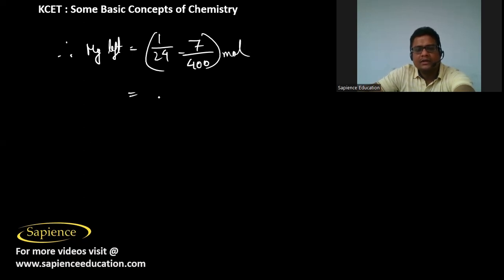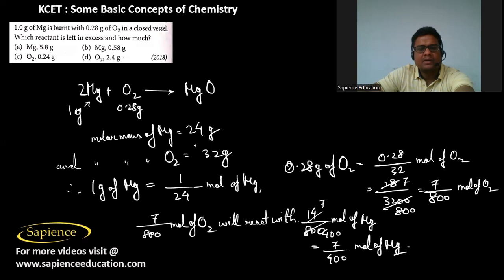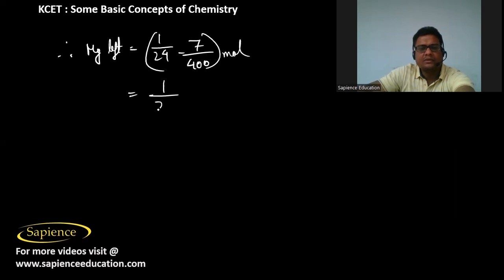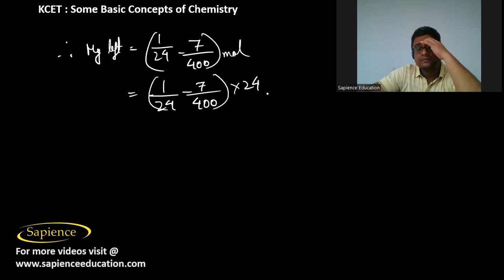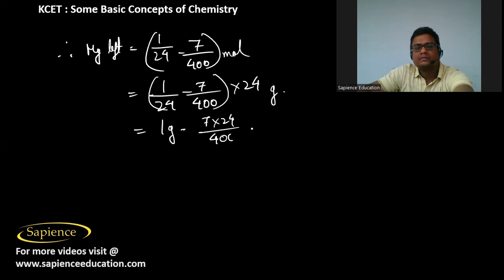And if we want the amount of mass that is left, that will be 1 by 24 minus 7 by 400 mole into 24 gram. So that will be equal to 1 gram minus 7 into 24 by 400 gram.